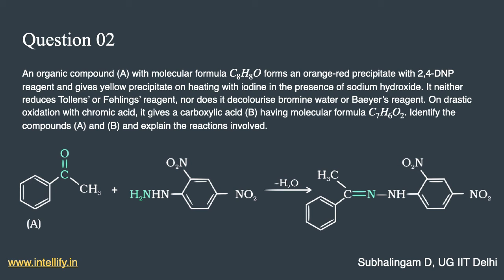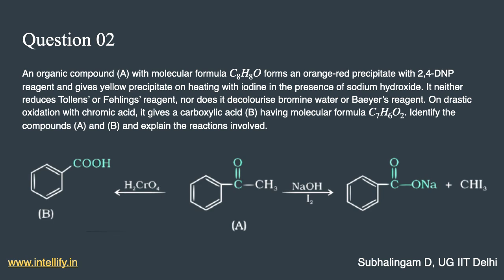So this is the first reaction. The compound with 2,4-DNP gives the product that we have seen already before. It does not give the Baeyer's test, it does not decolorize bromine water, it doesn't give Fehling's test, nor does it give Tollens' test. So we don't have to write those reactions.